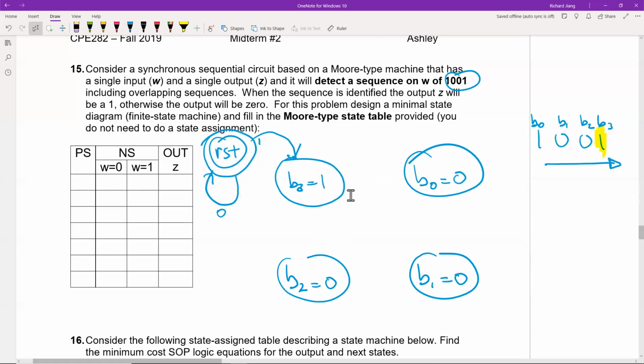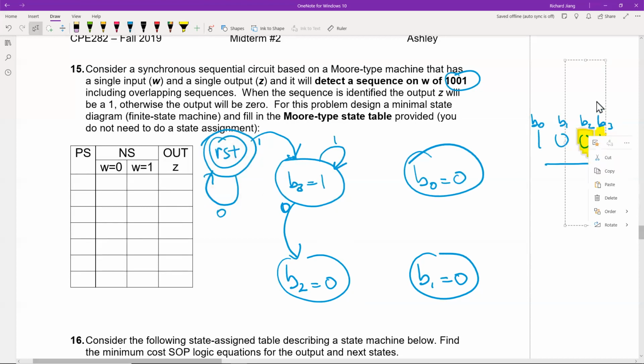Let's focus on the B3 state. For the B3 state, if it detects a 0, then let's move to the B2 equal to 0 state. So if it detects a 0, it can advance forward to this one. It means it's caught 2 of the numbers that are part of this sequence. But if it detects a 1, it should just go back to itself.